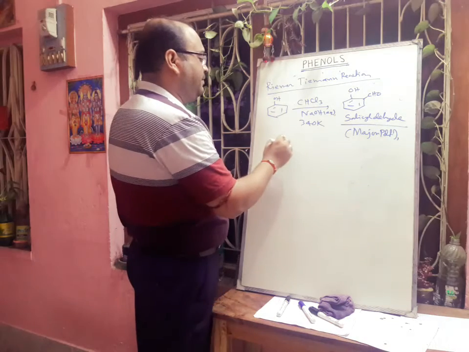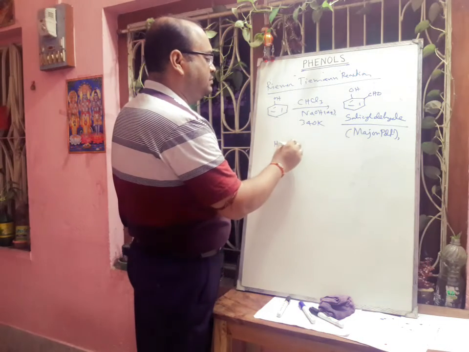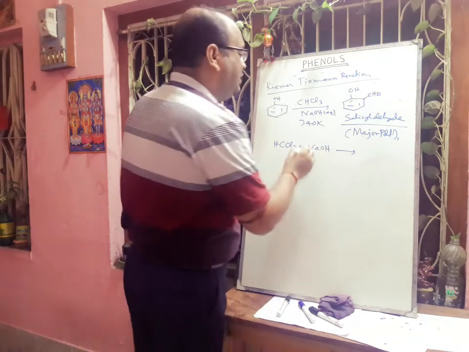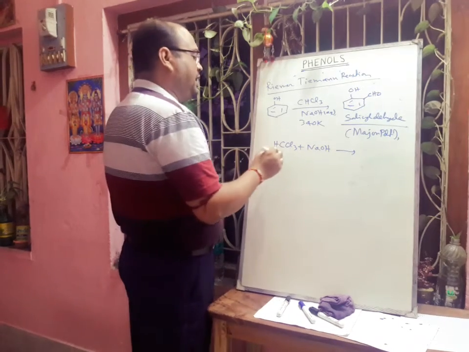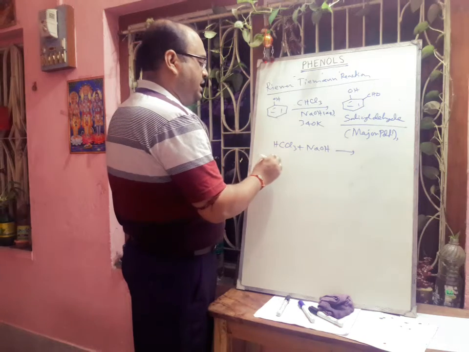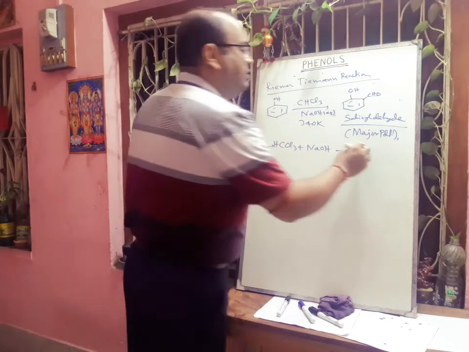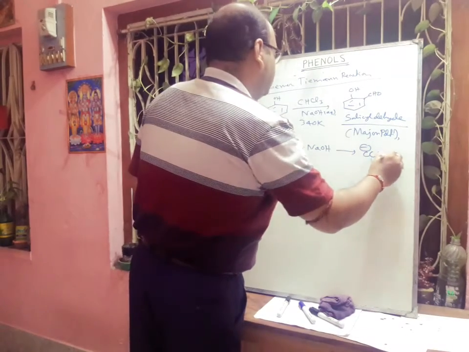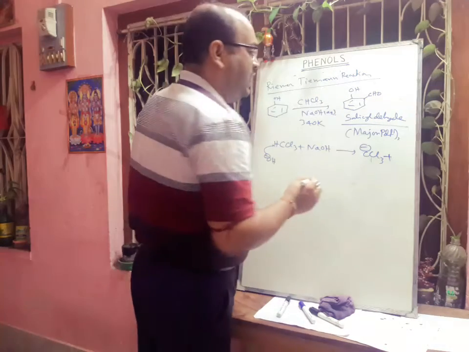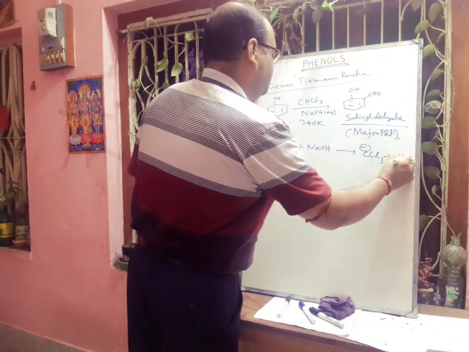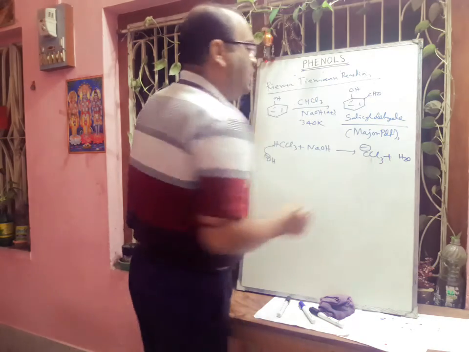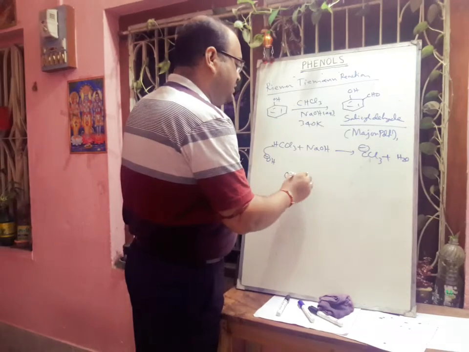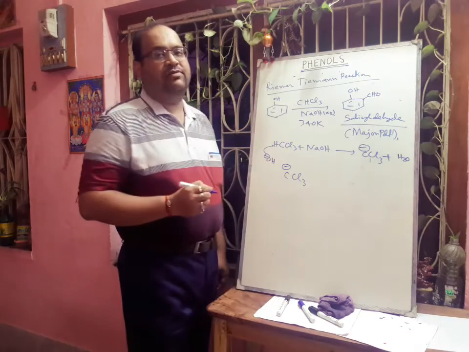In the first step, chloroform will react with aqueous sodium hydroxide solution, which will abstract one proton, that means OH minus will take this proton and we will get CCl3 minus plus H2O. In the next step, CCl3 minus will eliminate one chloride.